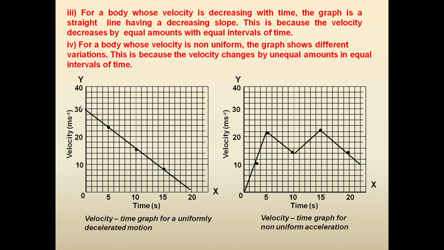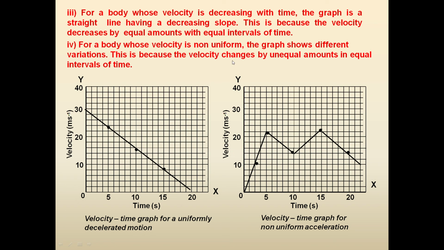You can see here, in the beginning the velocity was more, it is 30 meter per second, but at the end of the motion the body is just coming to rest. At the end of the motion, that is at 20 seconds, the body is coming to rest. So this is how the graph line is there.